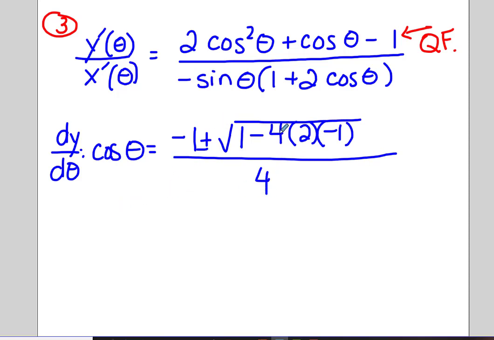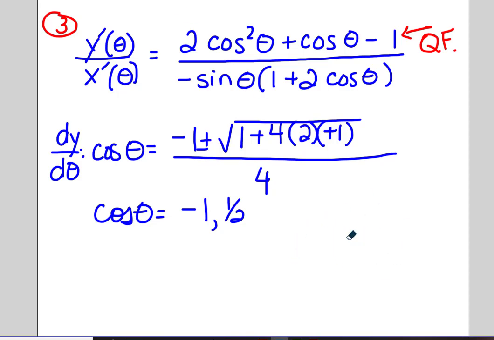So this is going to turn out to be 1 plus 8, so 9. That's going to be 3. Negative 1 plus or minus 3 over 4. So we have 4 divided by 4. So our cosine theta is going to be either negative 1 or 2/4, or 1/2, for that particular piece.